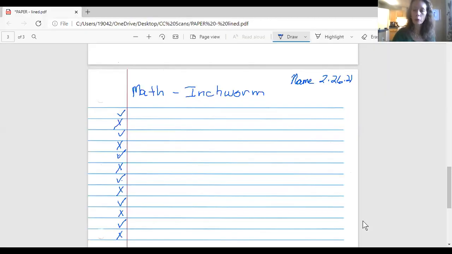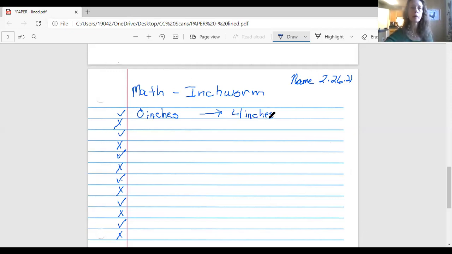And for the first one, we need to write 0 inches to 4 inches. Okay, 0 inches to 4 inches.